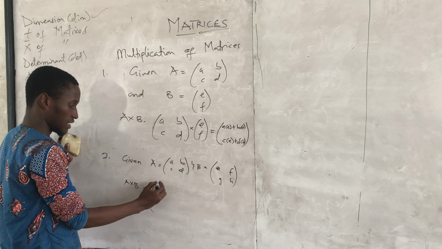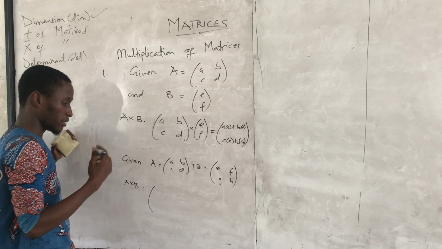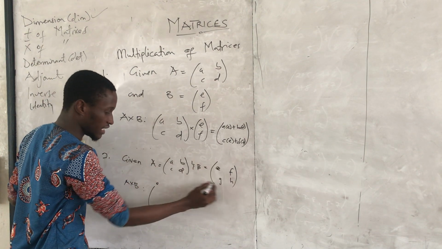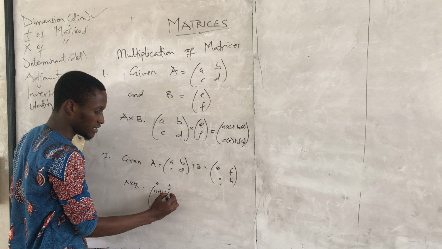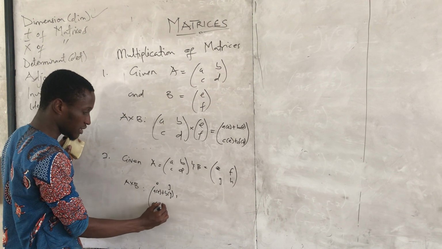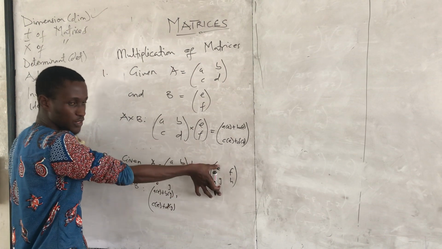So you can do rough work until you are perfect. So what you can do is that you take the E and the G. So you have A times E plus B times G. Bring comma. So you have C times E plus D times G. Then we are done with this first one.